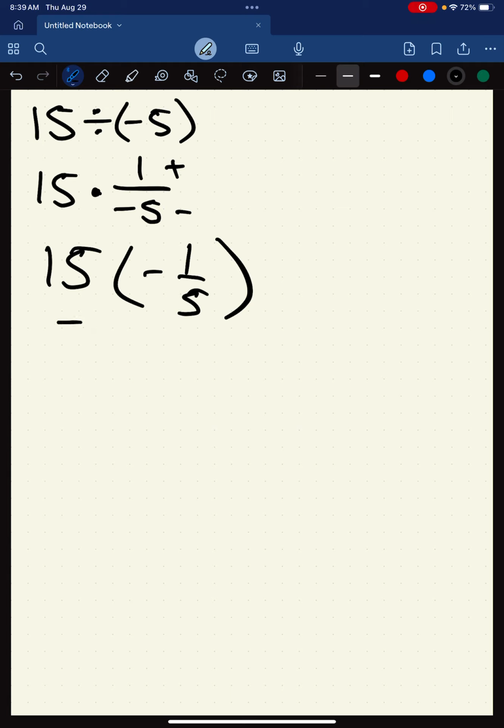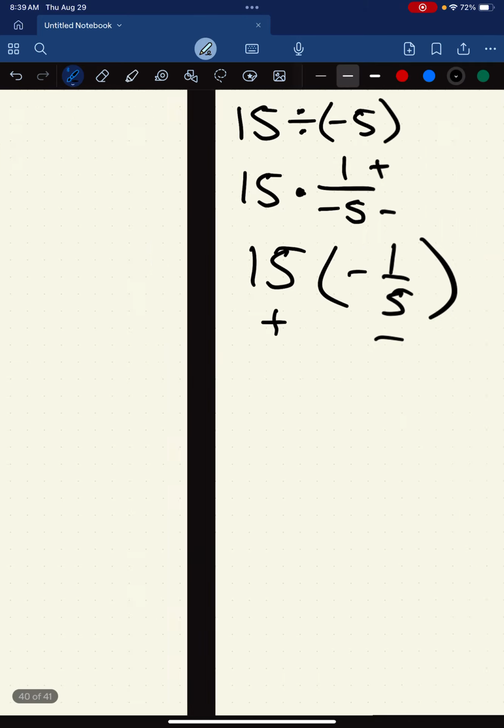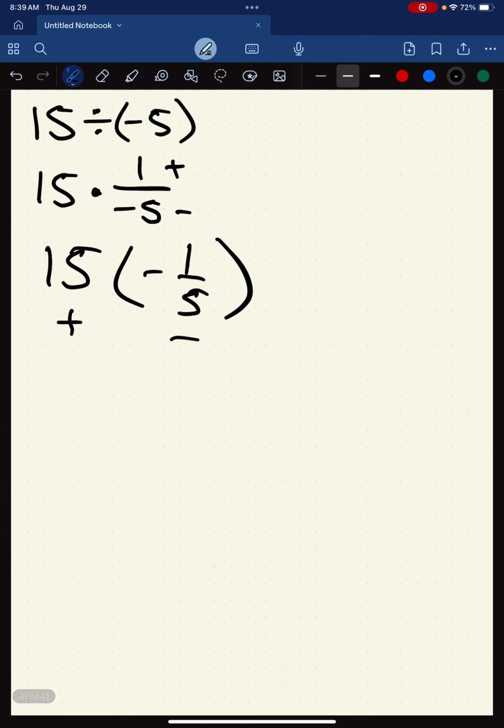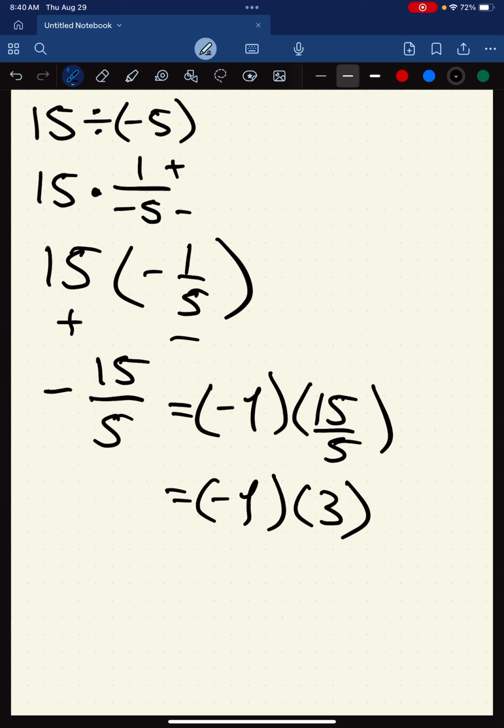Positive times a negative is a negative. So we have negative 15 divided by 5, which is -1 times 15 over 5, which is -1 times 3, which is just the same thing as -3. So 15 divided by -5 is -3.